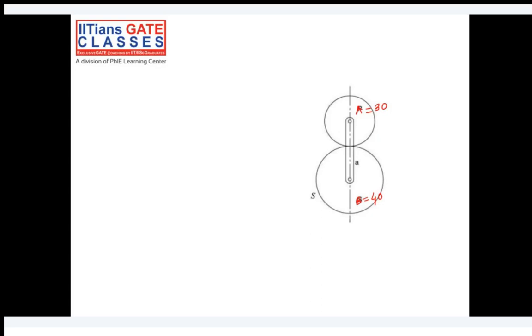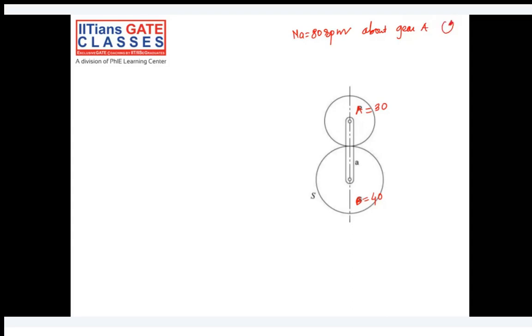The arm rotates about the center of gear A at, let's say, 80 rpm. Speed of arm is 80 rpm about gear A. This is what is given: the arm rotates about the center of gear A at a speed of 80 rpm counterclockwise.